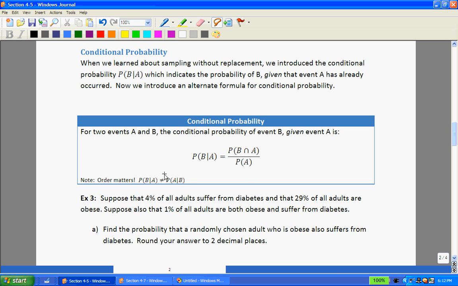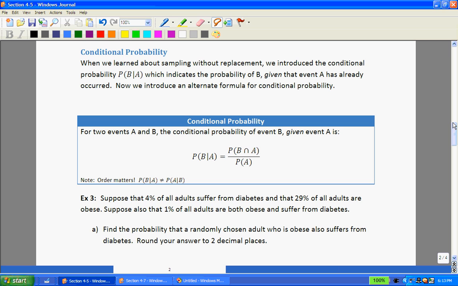For that reason, in conditional probability, order is really, really important. The probability of B given A is not going to be the same most of the time as the probability of A given B. So it's up to us to pay attention to the language of the problem to understand which event occurred first and which one we are trying to find the probability of.